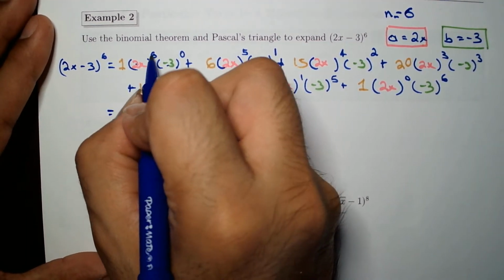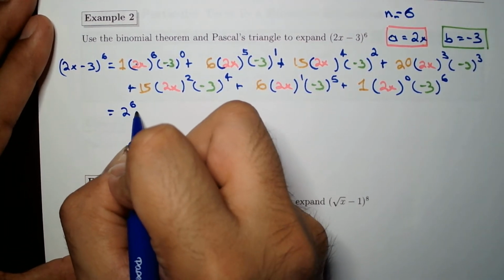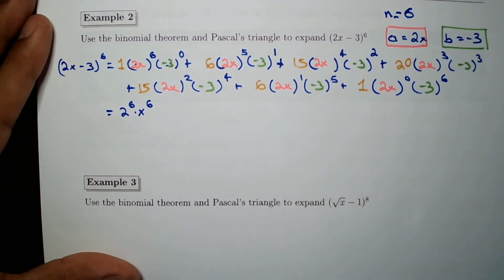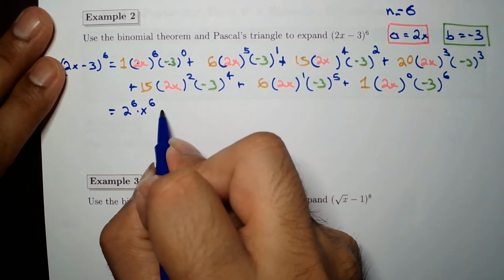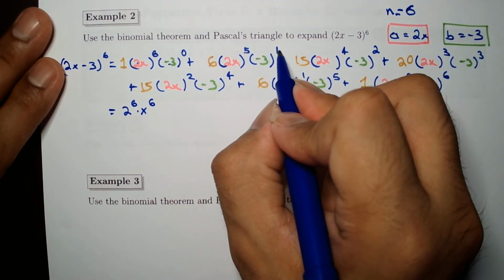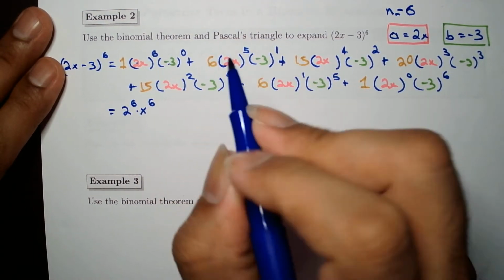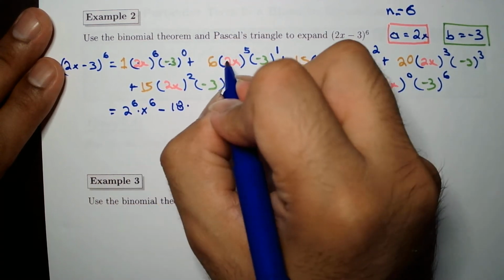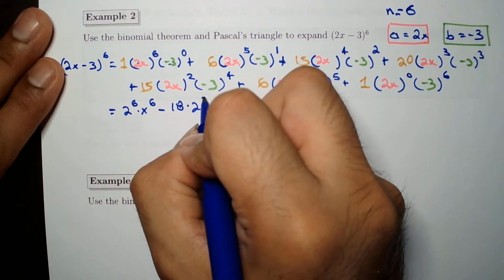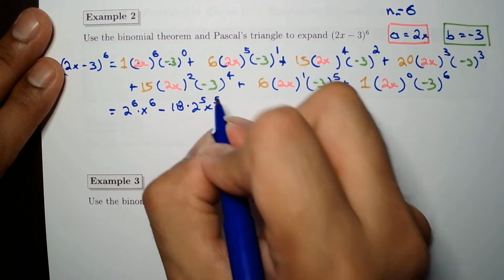So this is going to be 2 to the 6th power times x to the 6th power. Let's just leave it like this for a second. And then in this case, be careful with the signs, because negative 3 to the first is negative 3 times 6. That's going to be negative 18 times 2 to the 5th, x to the 5th.